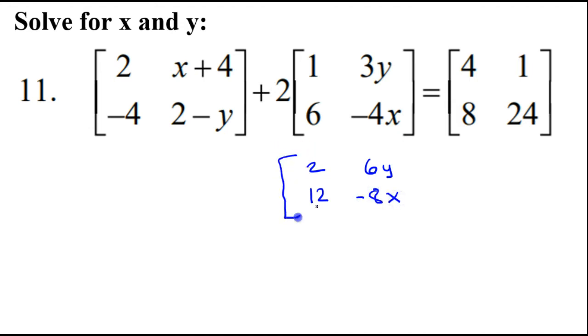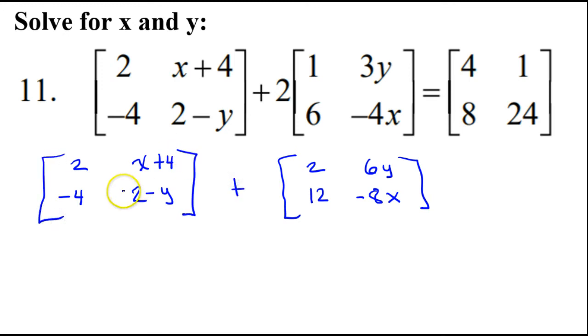So that's what I have right here. So I'm just going to bring everything else down the way it is. So I have 2, negative 4, x plus 4, and 2 minus y. Okay, so at this point, I have this plus this equals this.